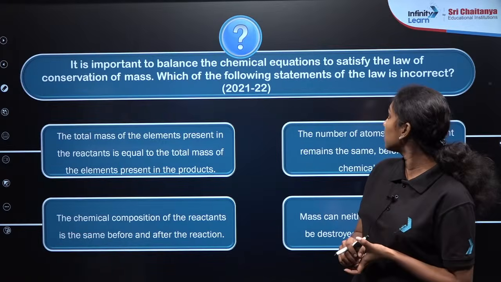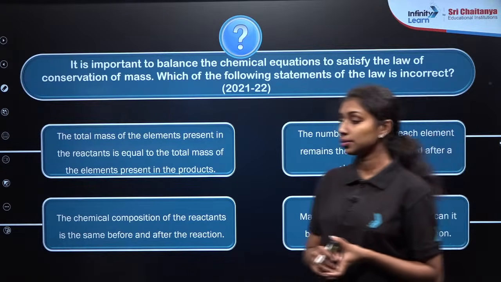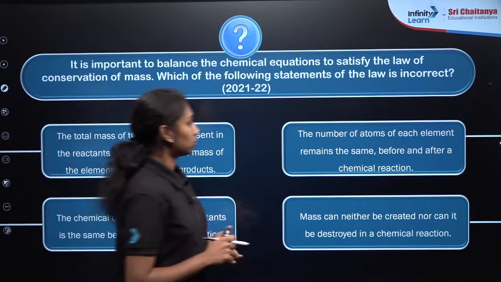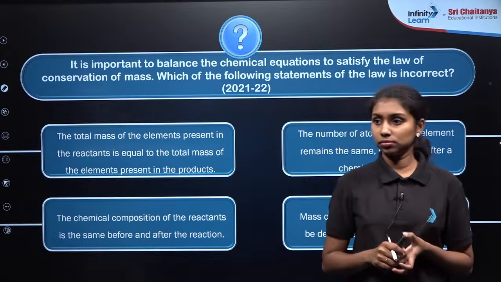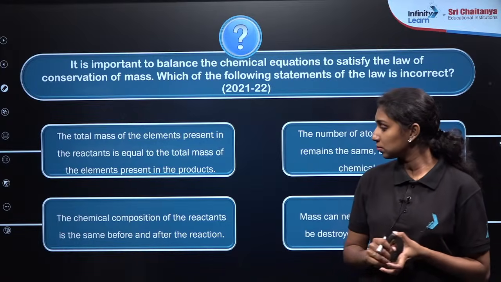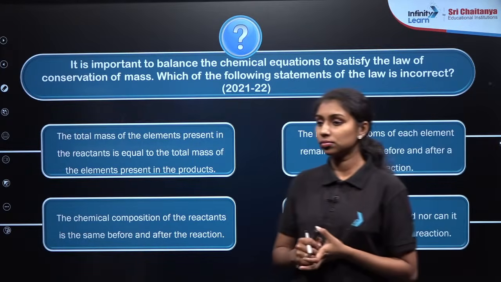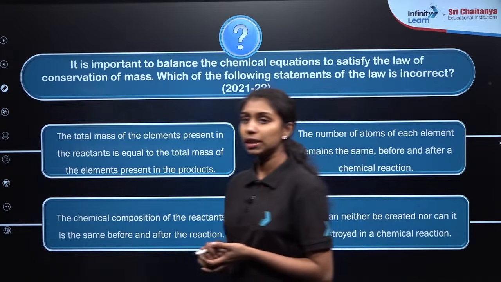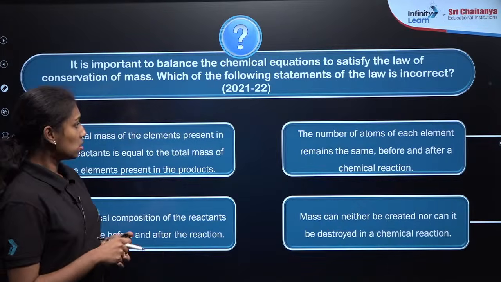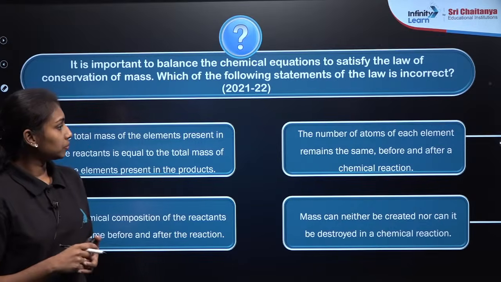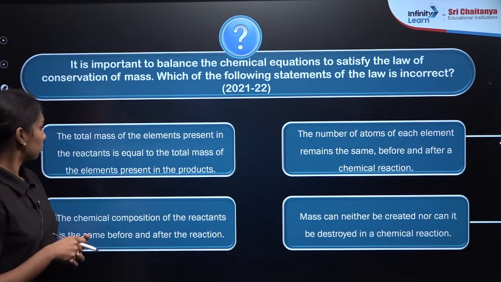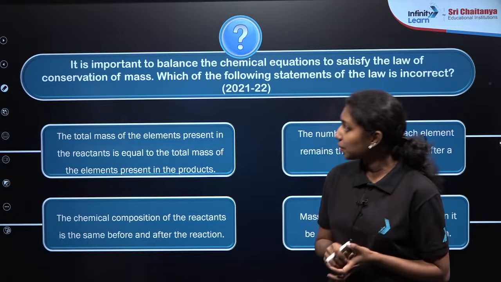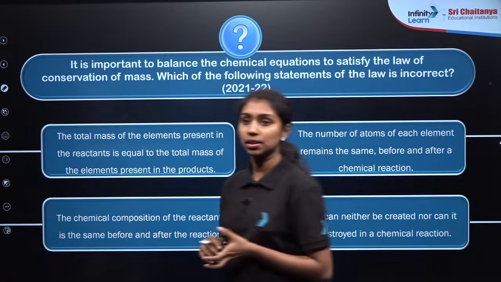Which of the following statement of the law is incorrect? So what will be the answer for this question? We need to identify the incorrect statement according to the law of conservation of mass.